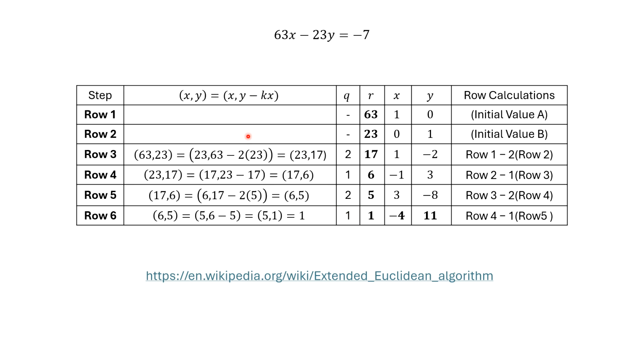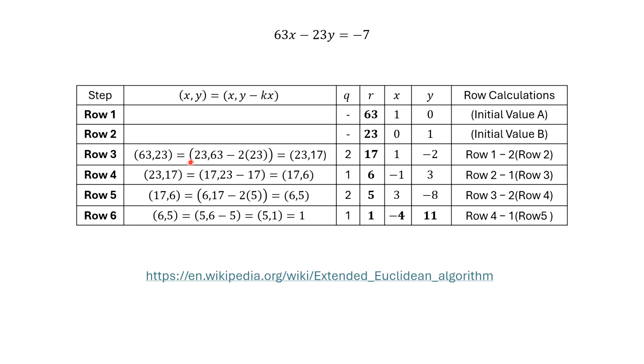So let's take a look at this side here for a moment. We started with 63 and 23, and as I was mentioning as we were going through the algorithm on the previous slide, you try to find the largest multiple of 23, such that when you subtract it from 63, you still have a positive integer.